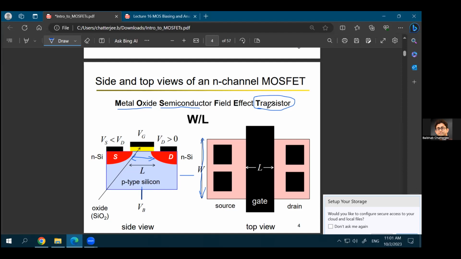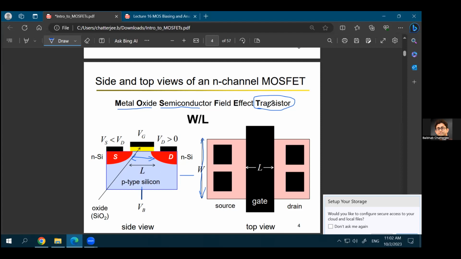When they first created this device, it was used to transfer a value of resistance at the gate from a different value of resistance between the drain and the source. In fact, they created a BJT, a bipolar junction transistor. So they wanted to transfer the resistance from one side to the other side, and that's how the name came about, that it's a transfer of resistances as well.